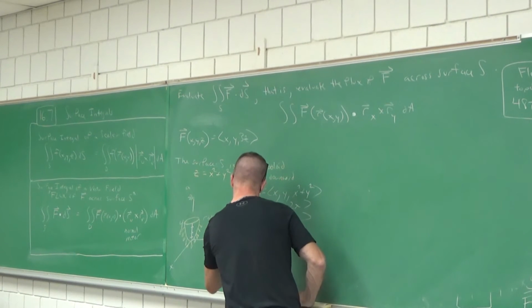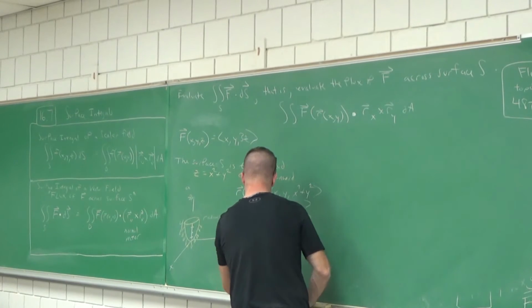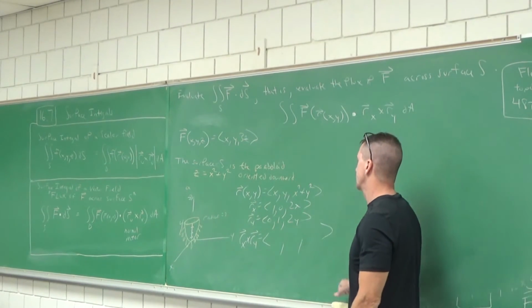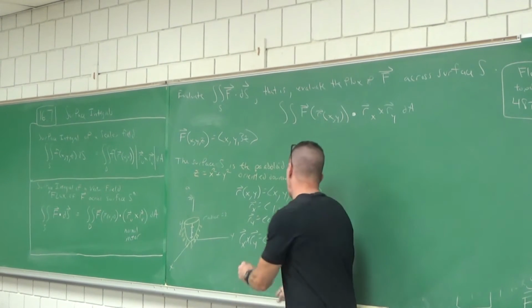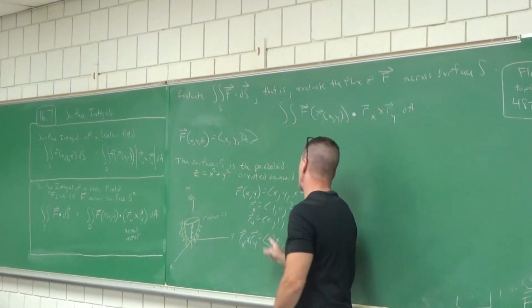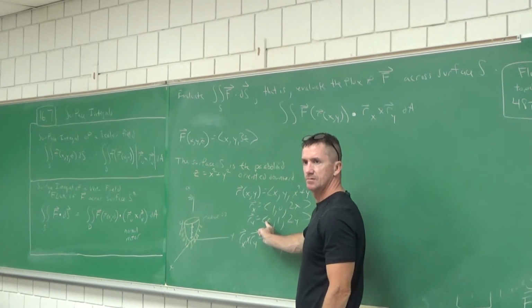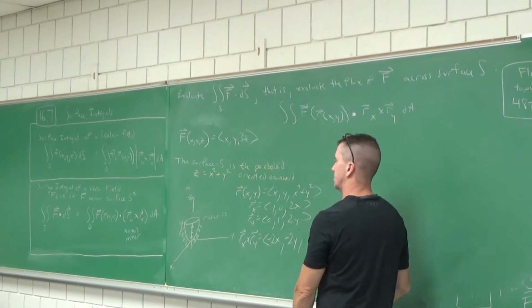What's the cross product? r_x cross r_y. Because I keep doing r_x cross r_y, I'm going to continue doing it unless we need to change it. What's the first component? 0 minus 2x. Middle component, negative 2y minus 0. So what's the last component?